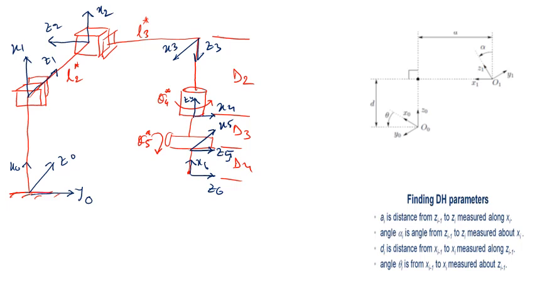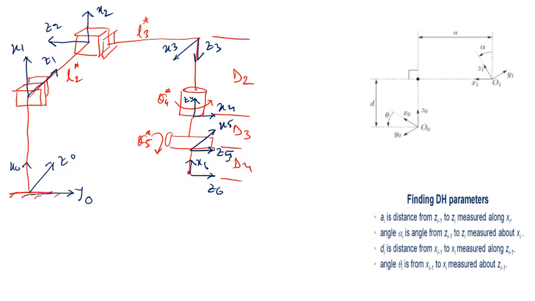What you have to see is whether two subsequent frames can be transformed as follows: first rotate about Z0 so that X0 and X1 are aligned, then shift along Z0 to make sure they are at the same level, this is the d shift, and then move along X0 or X1 so that the a distance is covered, and then rotate about X to make sure the Z's are aligned.